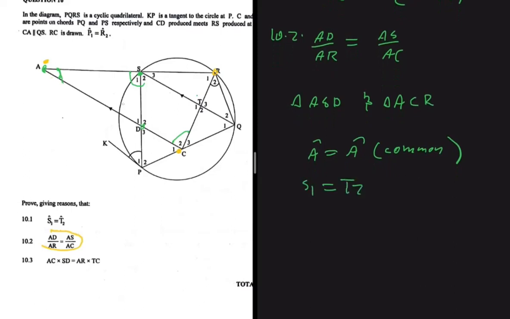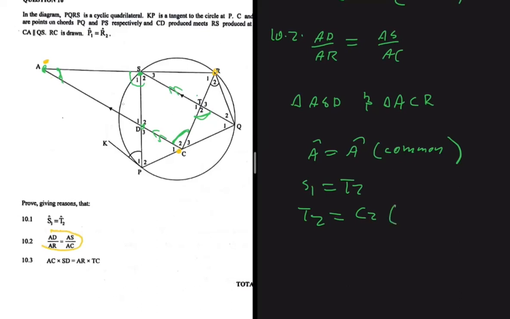But then since these two lines here are parallel to each other, then T2 should be equal to C2, right? Because they are, is it called alternating, corresponding? I forgot the name, but it's called something.